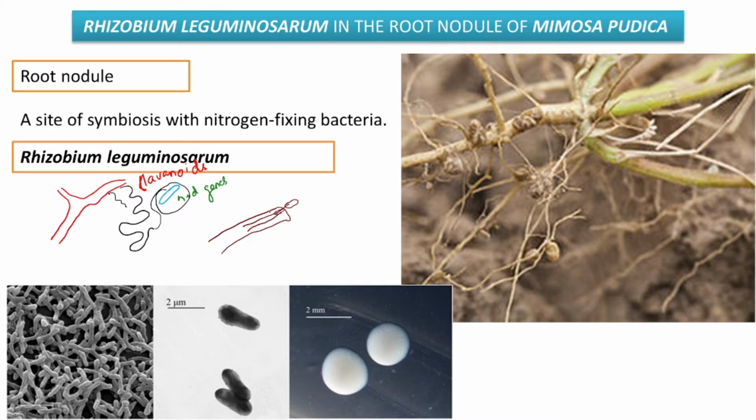As it enters the root, it pierces the epidermis of the root and reaches the cortex. And in the cortex, it gets wrapped by a membrane called symbiosome membrane.